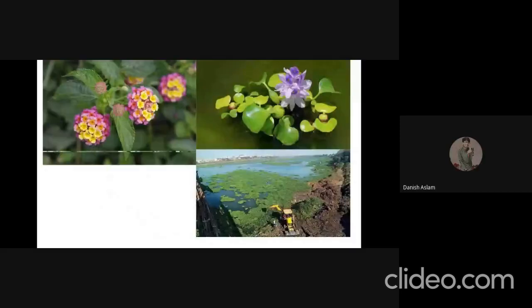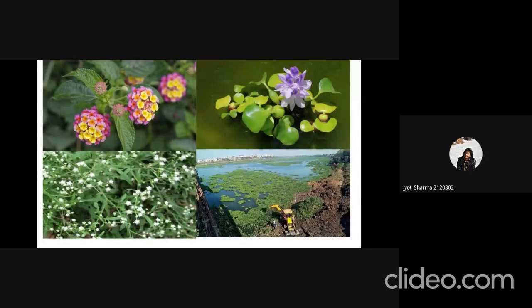Okay. So let me show you which is the Jalkumbhi here. Ma'am, this one, with the purple flower. Yes, that purple flower that grows in the water. This is Jalkumbhi, and it is also known as Eichhornia. Eichhornia is the botanical name. Can you see here we have the water body, and that water body has been covered with this invasive species.